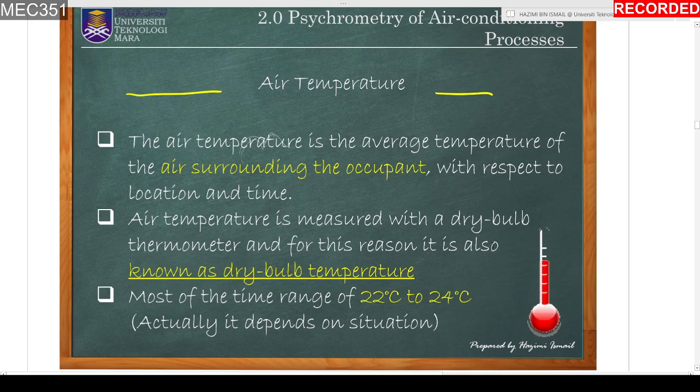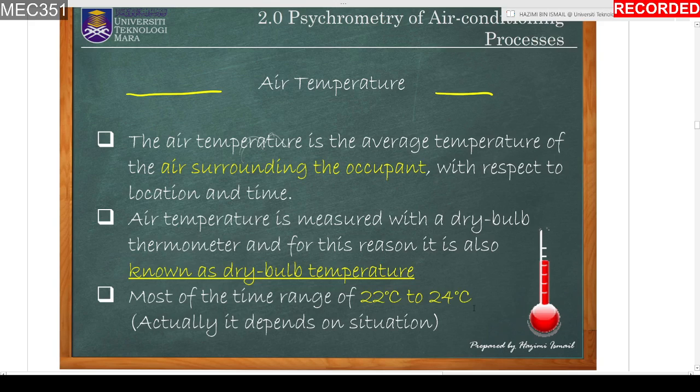So to get our thermal comforts, commonly we need to get the dry bulb temperature in the range of 22 degrees Celsius to 24 degrees Celsius. But it's not limited to this range. It actually depends on the personal favor.